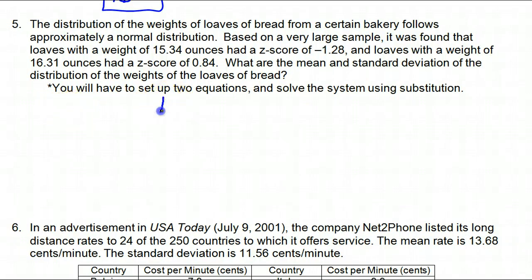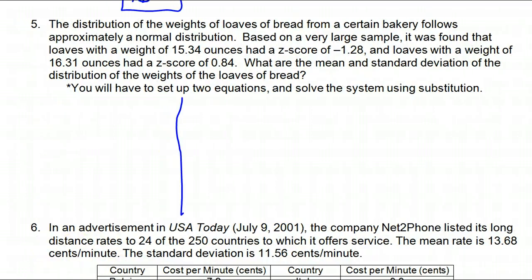Okay, so let's start with the first one. So we have, with a weight of this many ounces, this was the z-score. Let's start with those two. Okay, remember the formula for z-score is z equals the value minus the mean divided by the standard deviation.